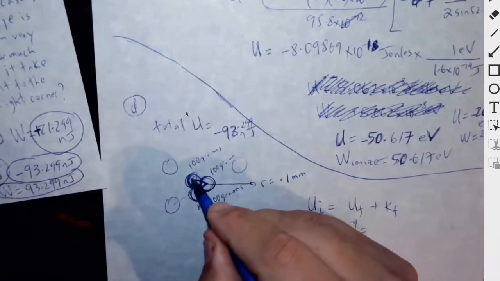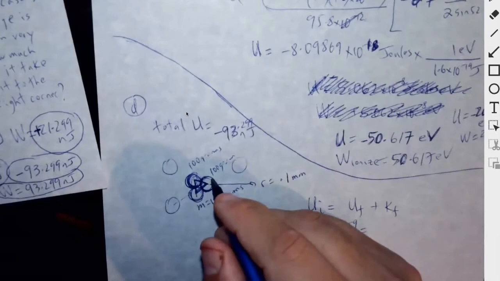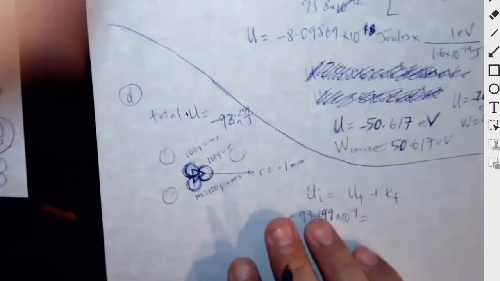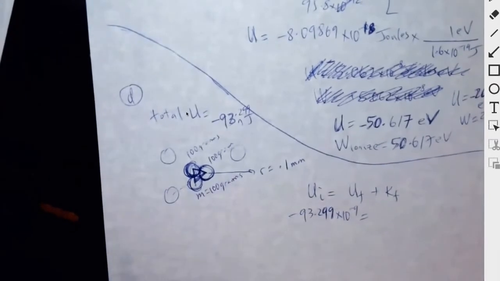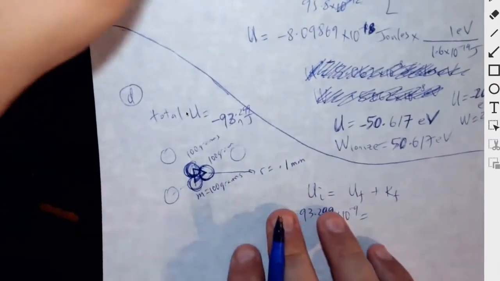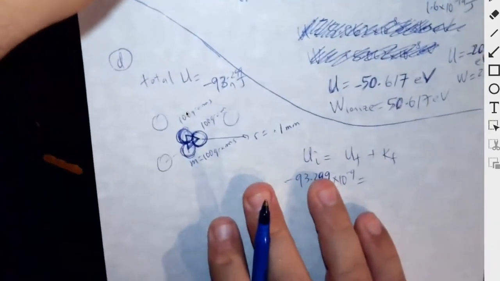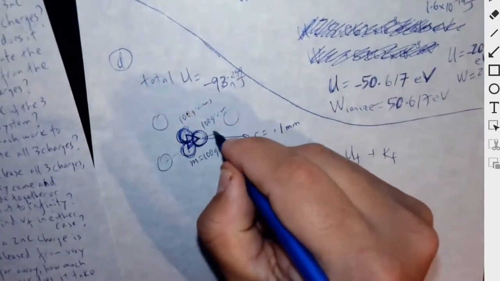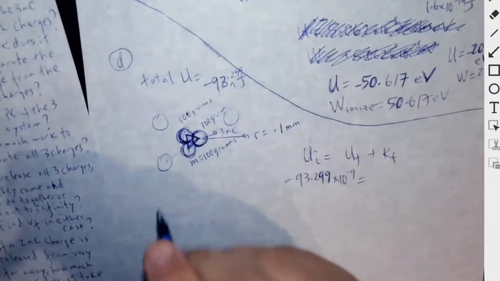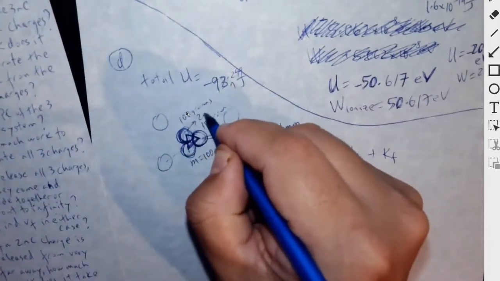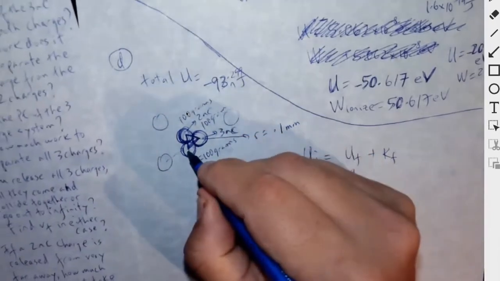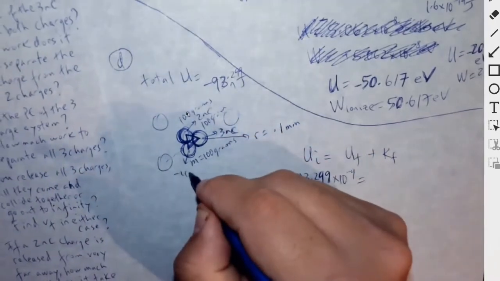So this with this, what were their charges? Let me see, what were their charges? Where did I write that? Can't find it. Oh yeah, 3. So this one was 3, this one was 2, and this one was negative 4.